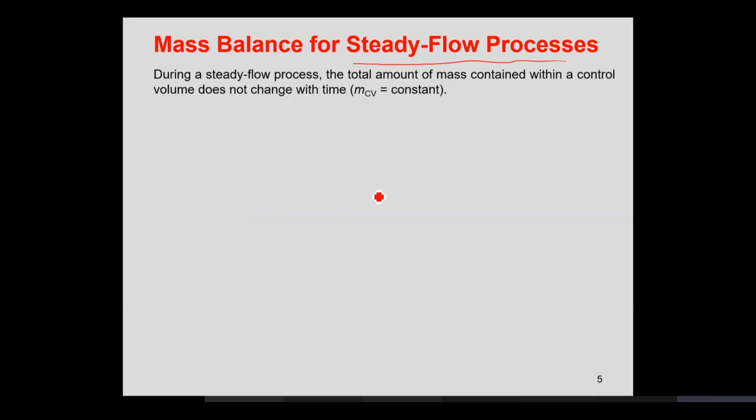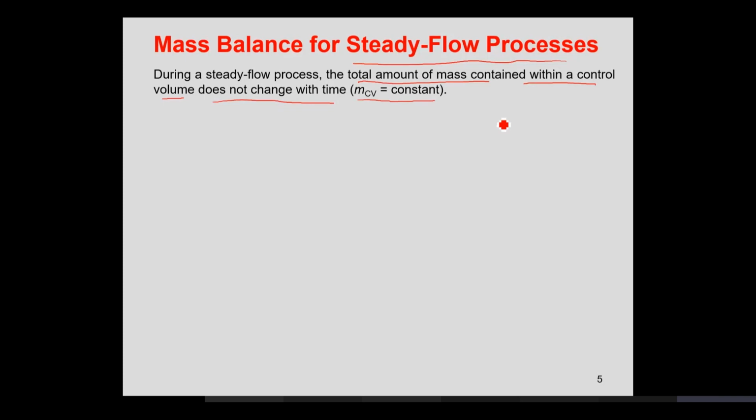Now, mass balance for steady flow processes. Again, you are talking about steady flow processes where the total amount of mass contained within the control volume does not change with time. So the mass of the control volume is constant.